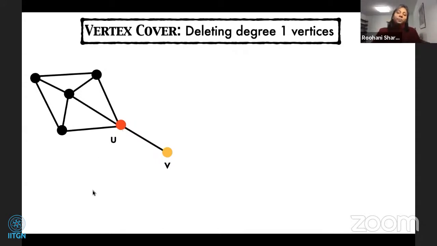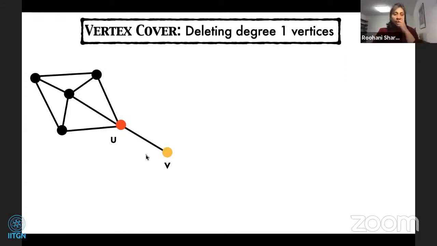So yellow vertex has only one edge incident on it. Now this one edge, the red yellow edge, has to be hit: the vertex cover has to pick at least one of the endpoints of this edge. And now the observation is that we can always assign U to do the role of hitting this edge.